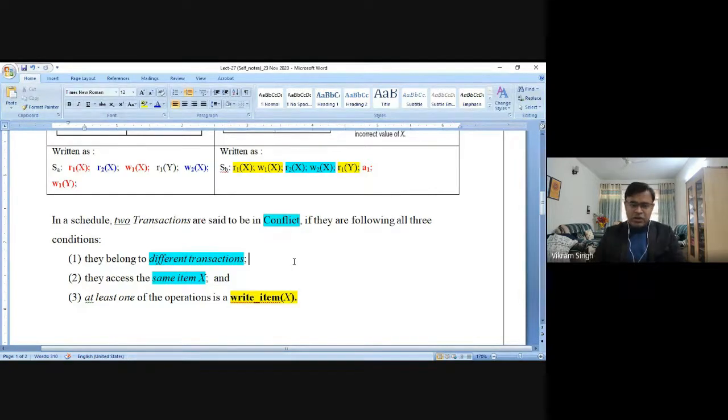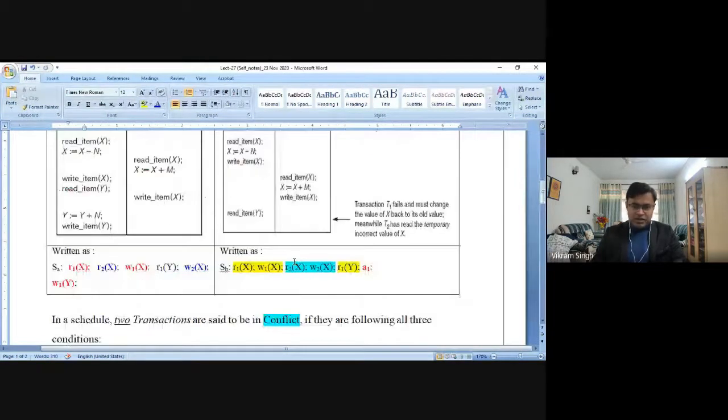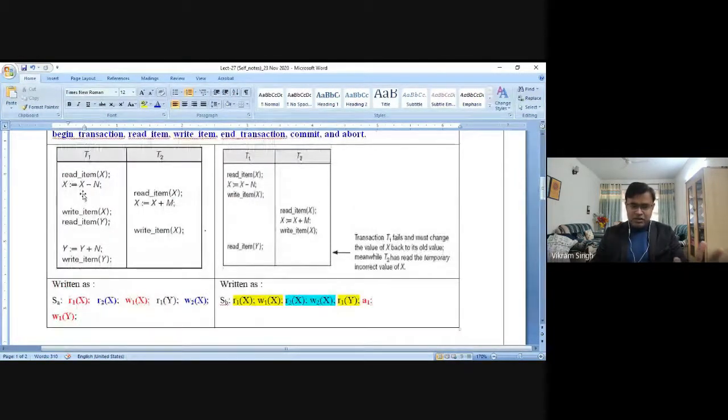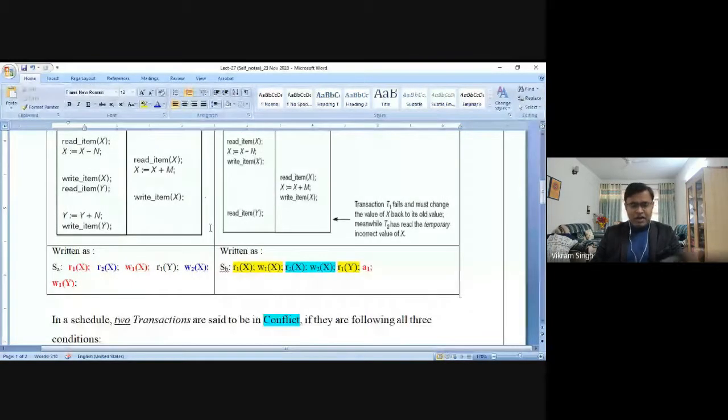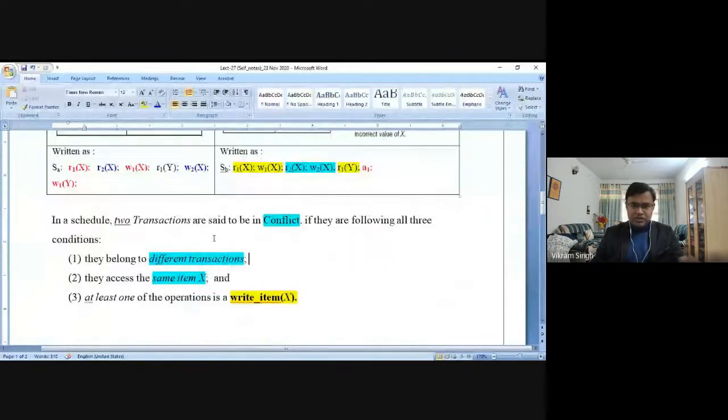So in both transactions which we have just seen, both are conflicting. Both these two transactions T1 and T2 have some kind of conflict on data item X, right? Because both are trying to either read or write. So both transactions have operations which are conflicting.